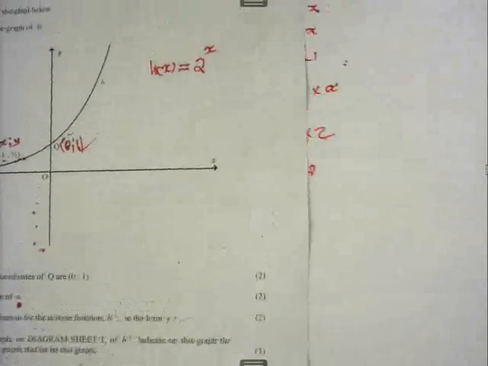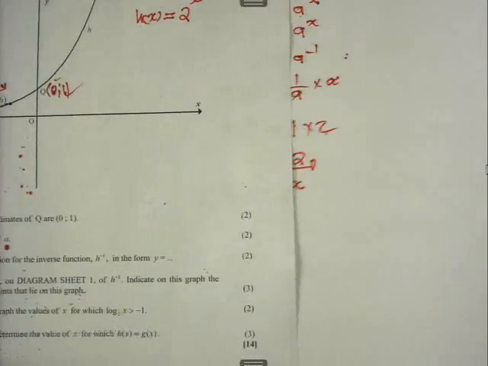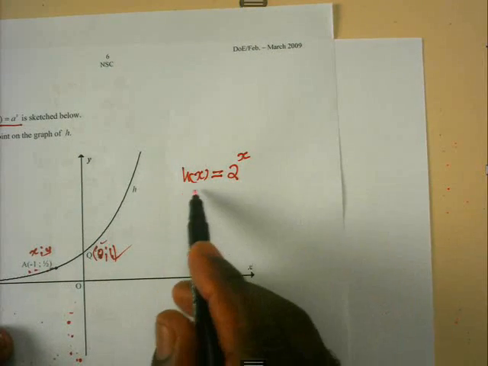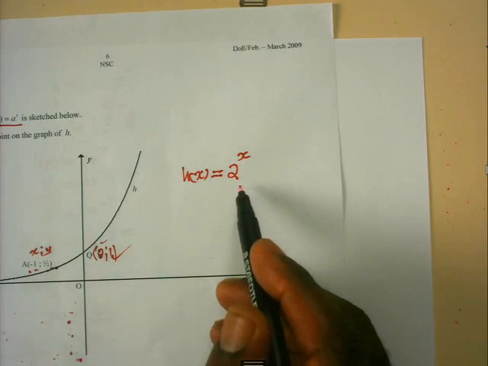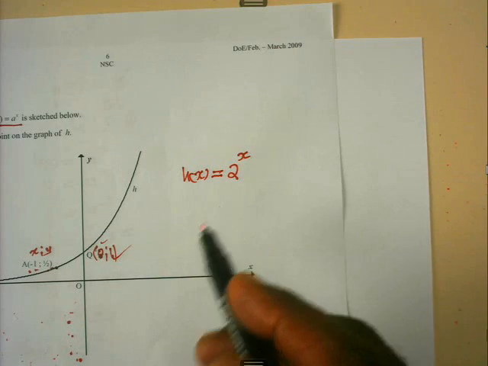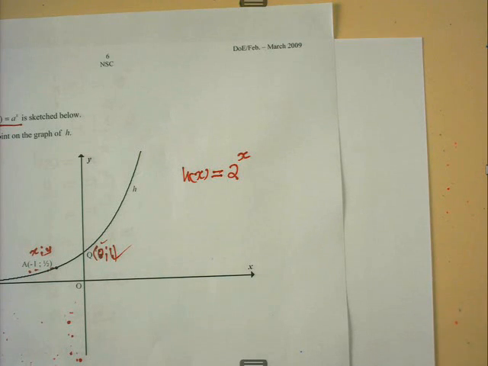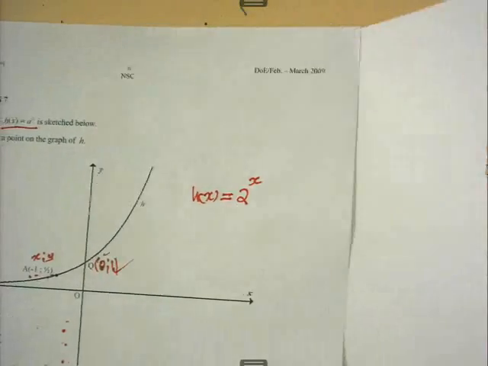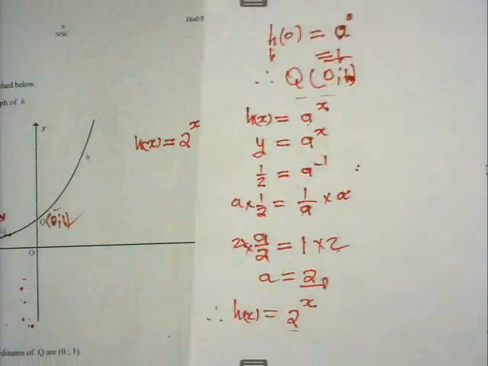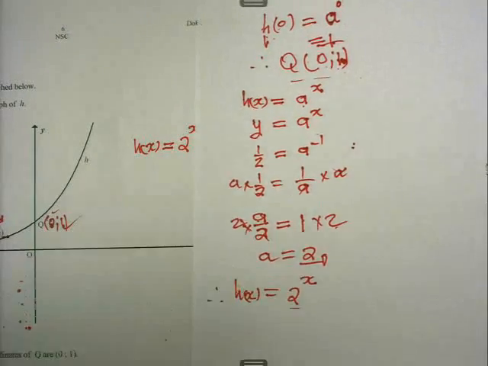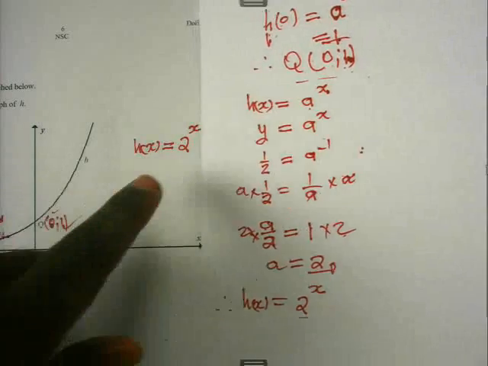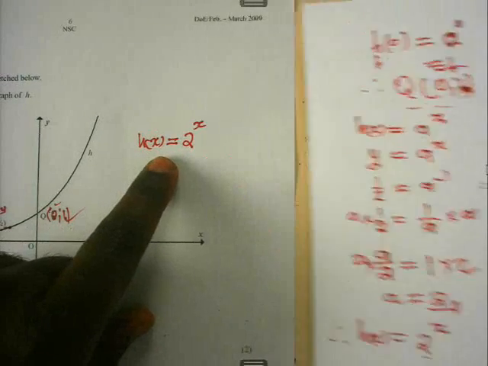Now, as I said earlier, when we have an exponential function, the inverse of an exponential function is going to be a log function. And in case you are interchanging your x with your y, remember always that the base of the exponent will become the base of the log.